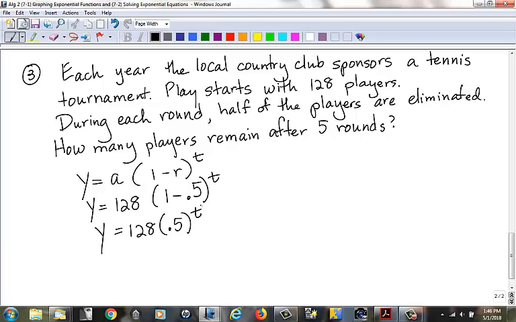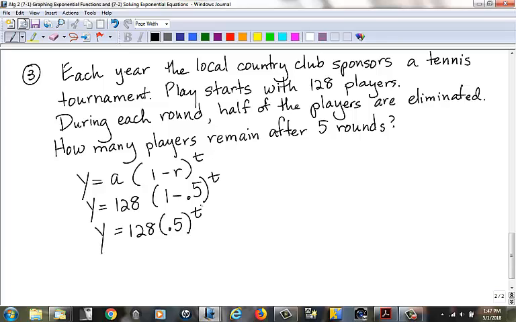And if you want to see the axis, you can change the y-min to a negative number, so you can see part of the axis. Now do second function, calculate value at x equals, they want after 5 rounds.